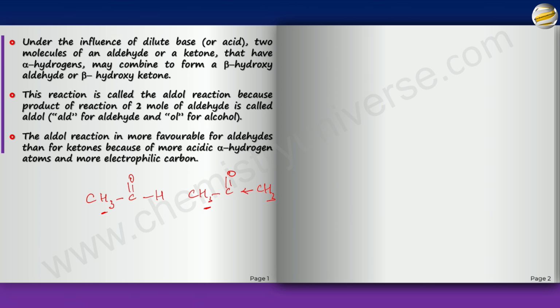And the second thing is this carbon is more electrophilic than this carbon, for the same reason, the plus I effect of CH3. In this reaction, you need the H to be acidic and you need the carbon to be electrophilic. So aldol reactions are basically called aldol, otherwise you could have called it ketol also. But generally we refer to it as aldol, because most of the reactions are seen with aldehydes rather than ketones.